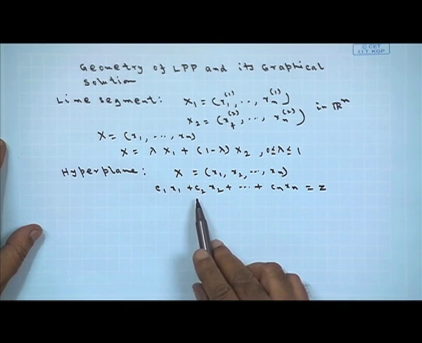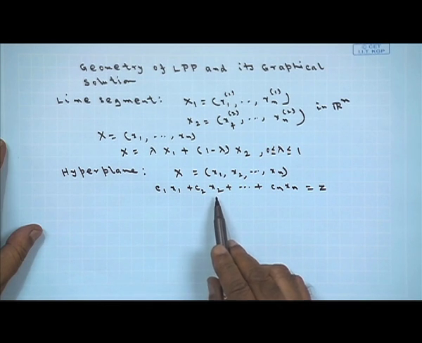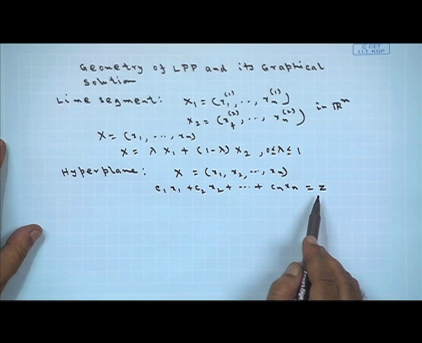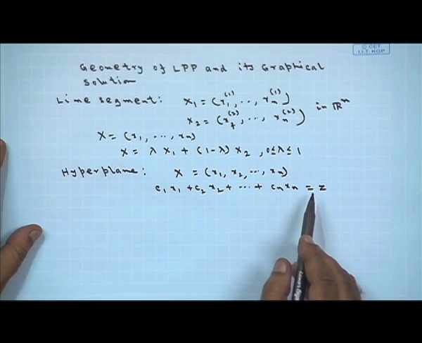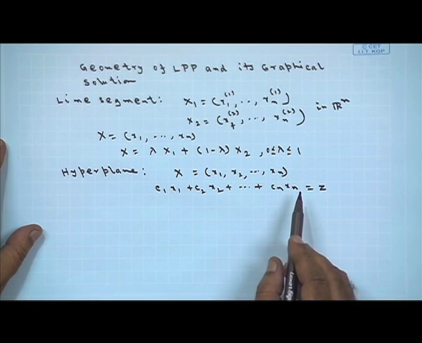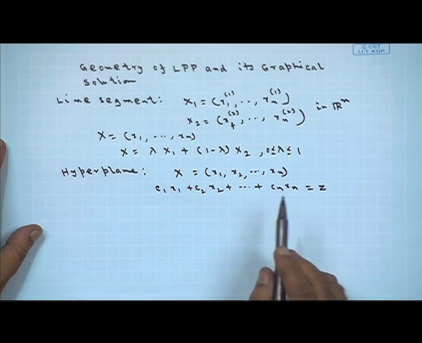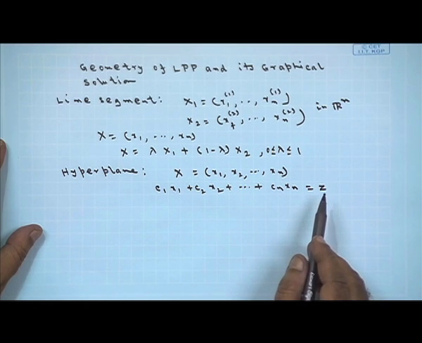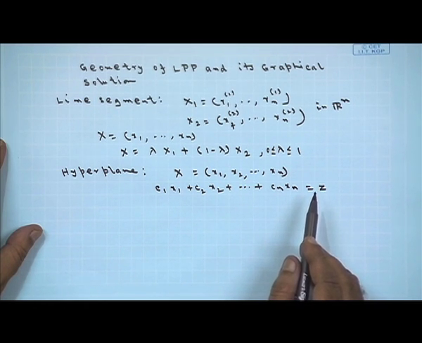Please note this one. Whenever I am supplying some values of c1, c2, cn and the value of z, the objective function is representing one hyperplane.